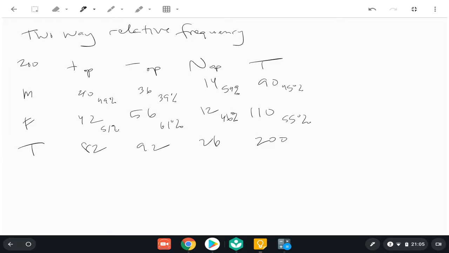Okay, so the first question, I just had to give the relative frequencies for everything, and that is super easy. 49%, 51%. These are all column frequencies, and I don't have to worry about it so much.